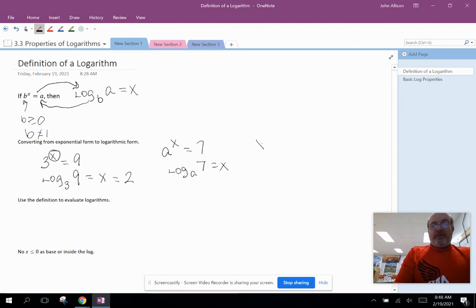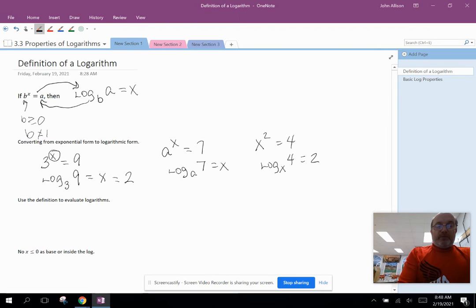If I have x to the second equals 4, we can say log base x of 4 equals 2. So you can always convert from exponential form to logarithmic form, or vice versa.